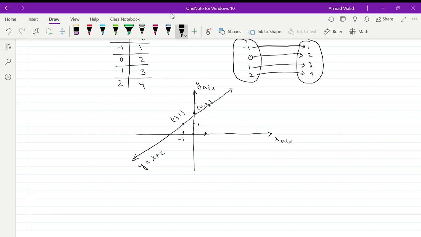What is your input, or what is your domain? Your domain is the values of the X axis. What is your range? Your range is the values of Y. Correct? That easy. Domain is input, range is output.